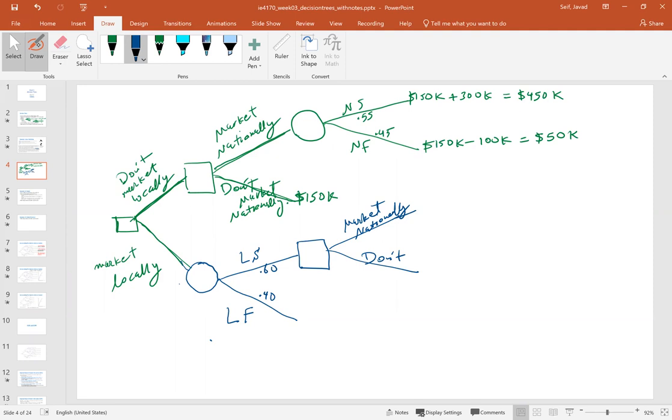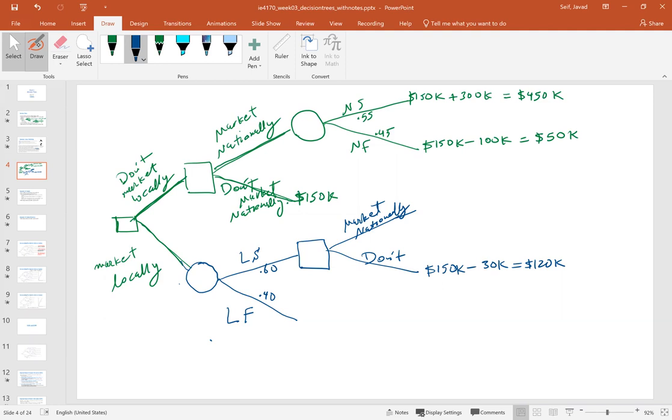If I don't market it nationally, all that happened is I lost the money that I spent on marketing it locally, which was 30,000. So I had 150,000 initially, and I lost 30,000 of it. So I have 120K left. Here it may sound like a stupid decision, something that common sense says: if you're going to market it locally and have a success, why don't you go nationally?